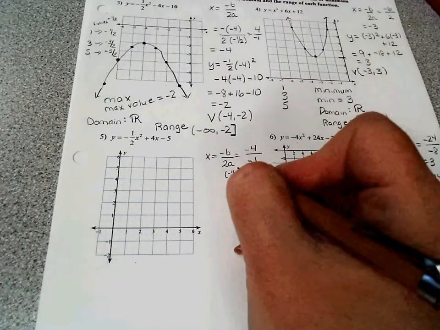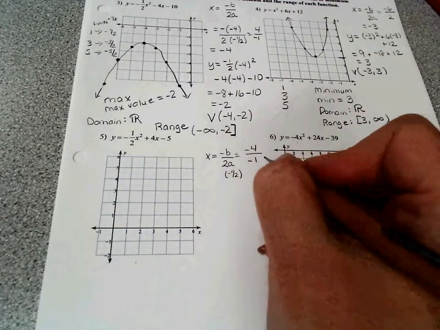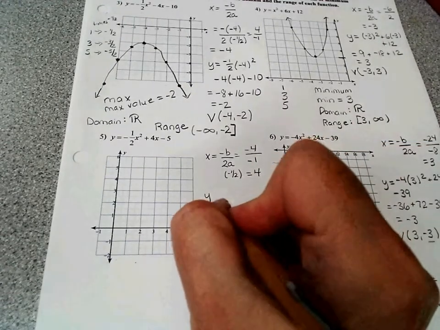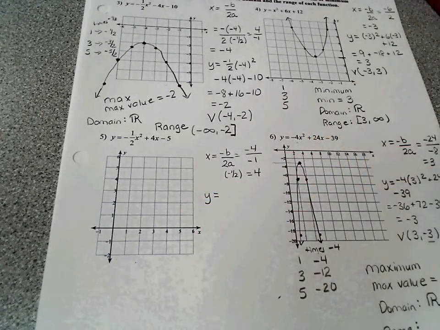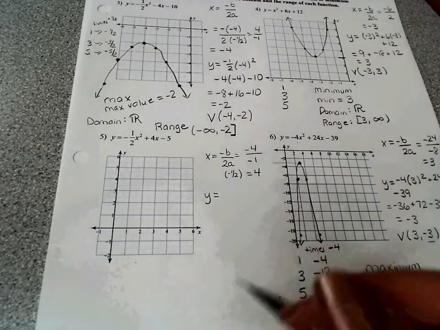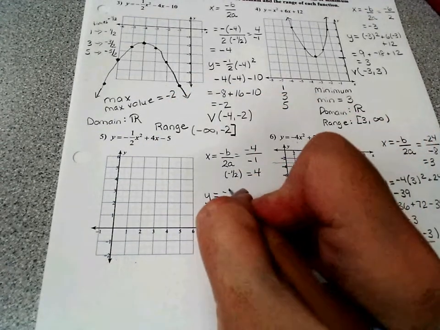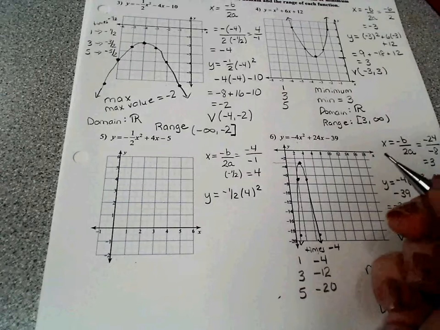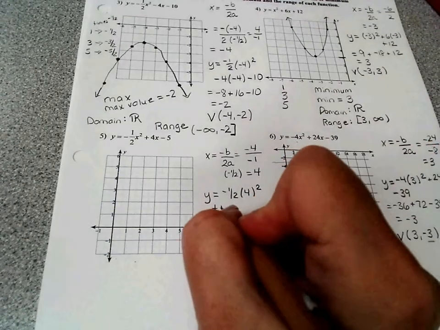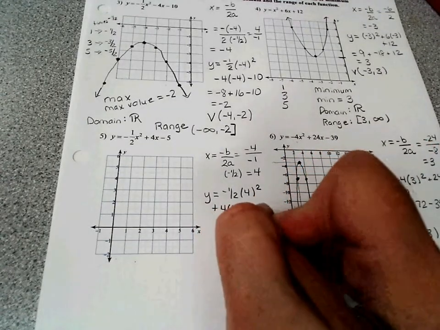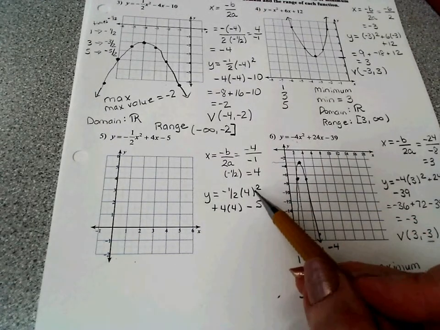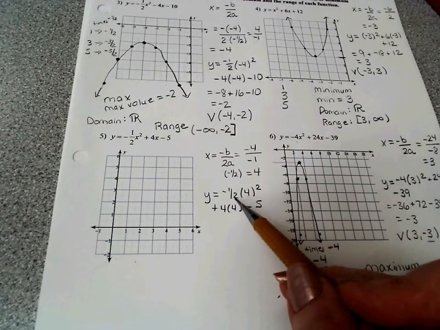Negative 4 divided by negative 1 is positive 4. So y equals, plug it back in, negative 1/2 times positive 4 squared plus 4 times 4 minus 5. 4 squared is 16. 16 times 1/2 is 8.